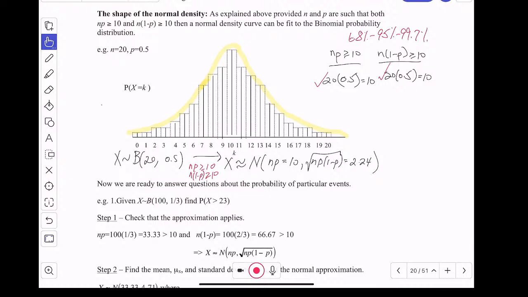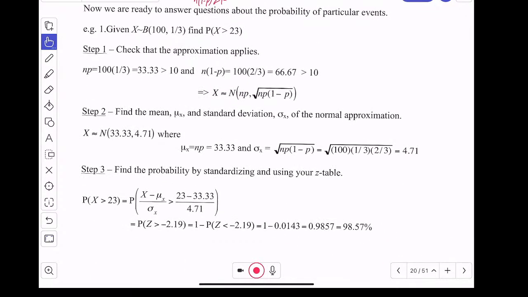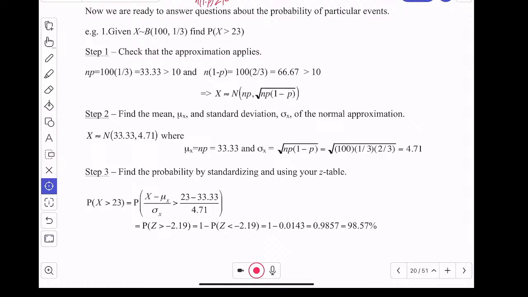All right, so let's look at what we can do with this. Given x has a binomial distribution such as with n equals 100 and p equals 1/3, find the probability that x is greater than 23. So in normal situation, we'd have to find x equals 24 and add it to the chance that x equals 25 all the way to x equals 100.